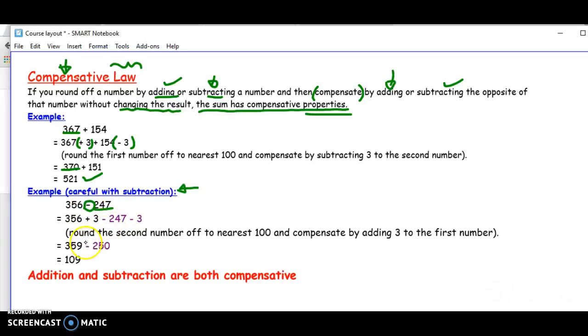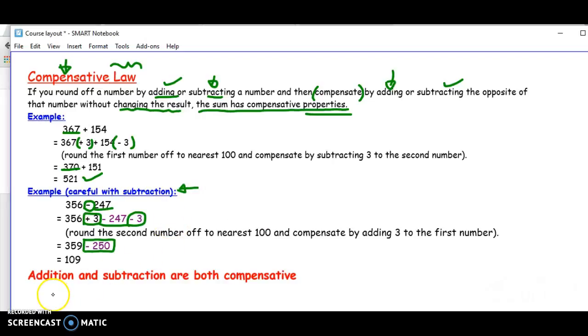So if I want this to become minus 250, I must subtract 3 from it to make it minus 250. And if I subtract 3 here, then I must add 3 here. So now I know that 359 minus 250 is easy. It's 109. So we just need to be careful with the subtraction.